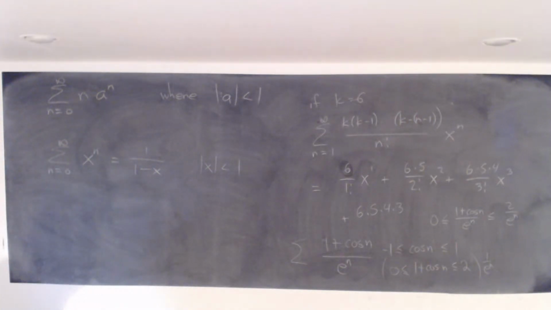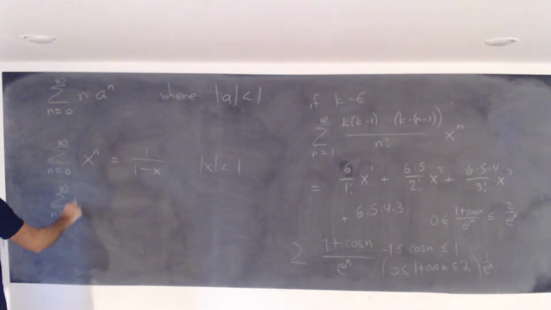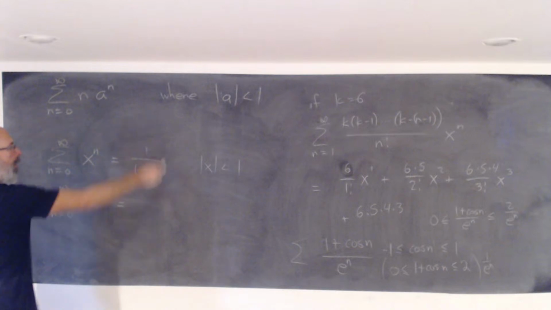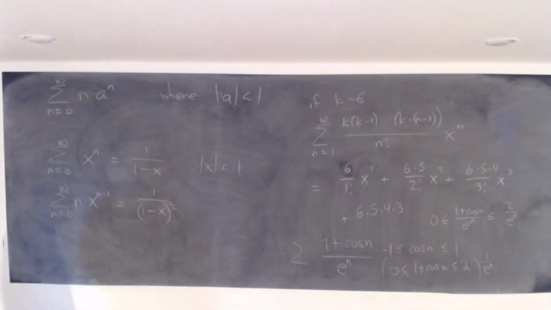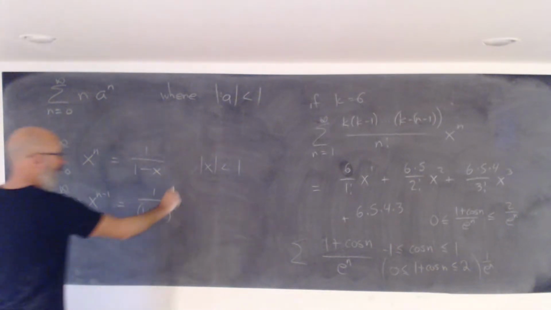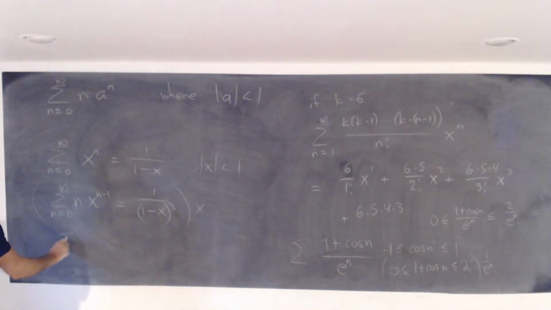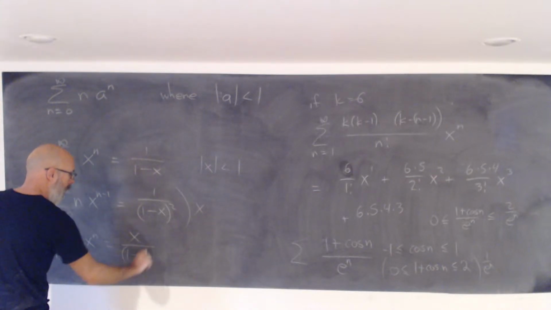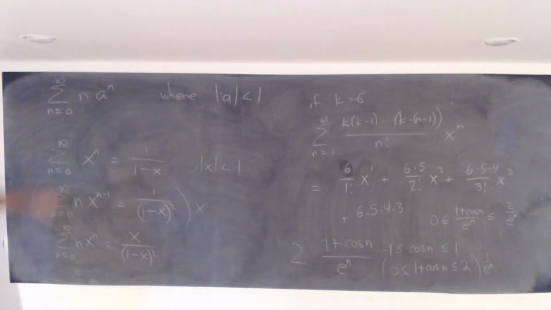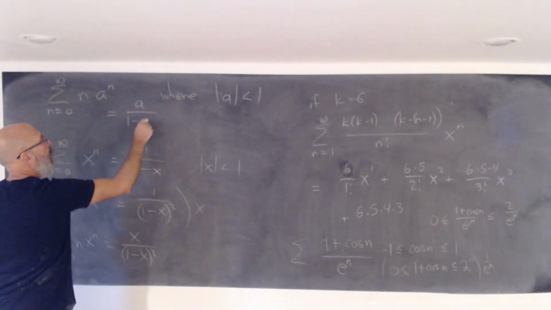You know that you can differentiate in the interval of convergence. So if you differentiate, the sum of n x to the n minus 1 is the derivative of this, which is 1 over 1 minus x all squared. And if you multiply both sides by x, you get the sum of n x to the n is x over 1 minus x all squared. So this series actually converges to a over 1 minus a all squared.